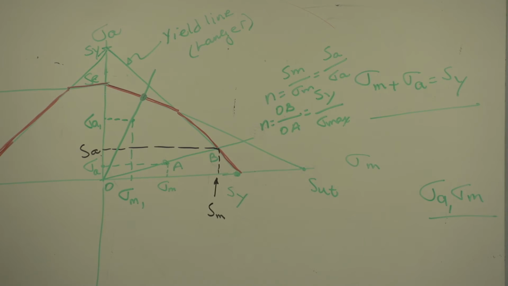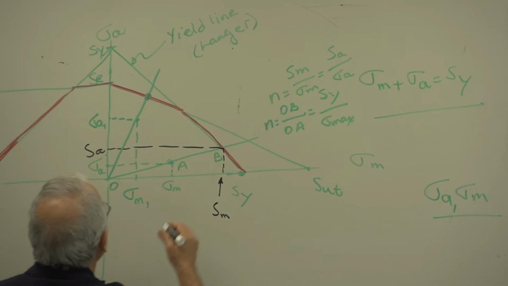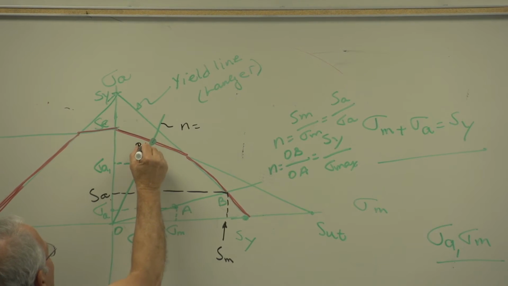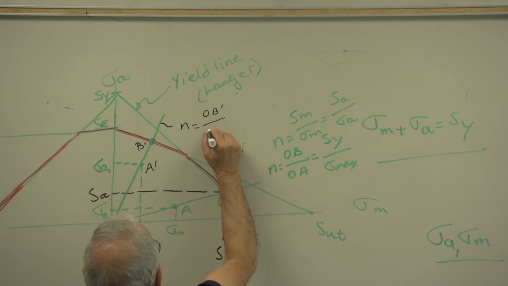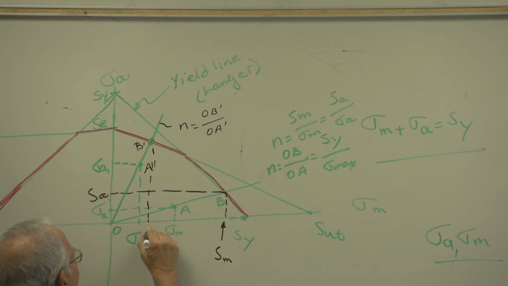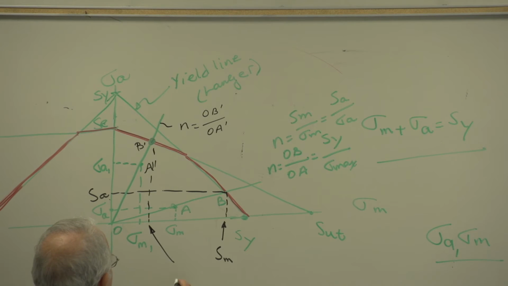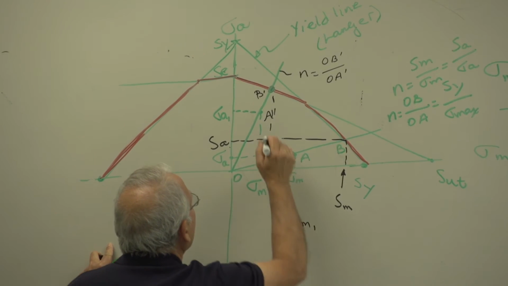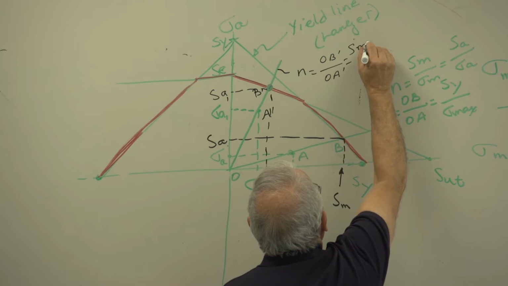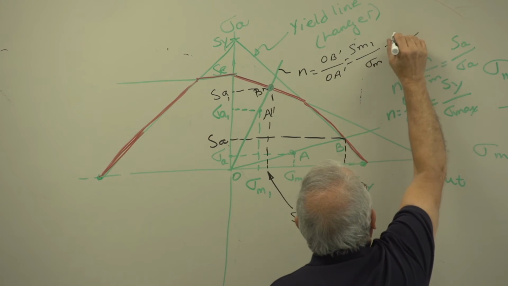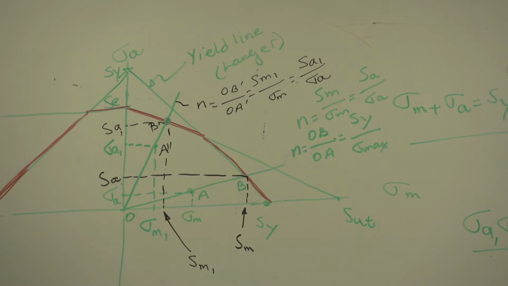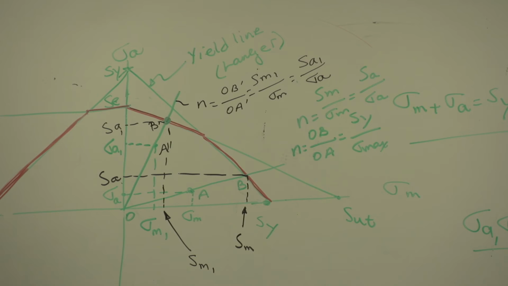In that case, N equals OB prime over OA prime, which is equal to, call this SM1, call that SA1, SM1 over sigma M equals SA1 over sigma A. Any questions?